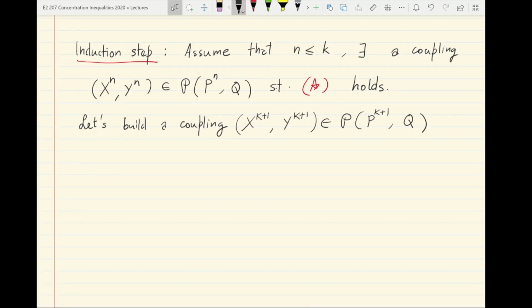Note that when we say p k plus 1 and q, it's just sufficient to consider the marginal distribution of q on the first k plus 1 symbols, such that star holds for n equal to k plus 1, thereby extending the induction hypothesis by 1 unit.